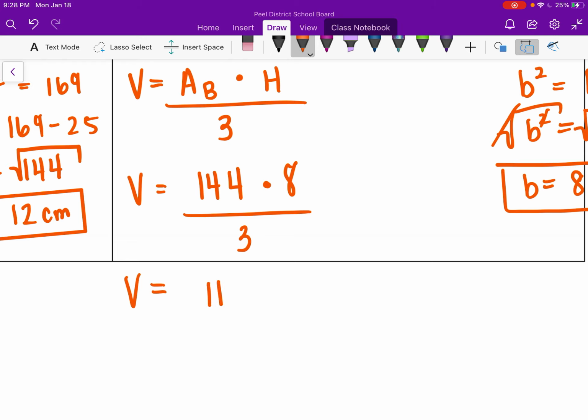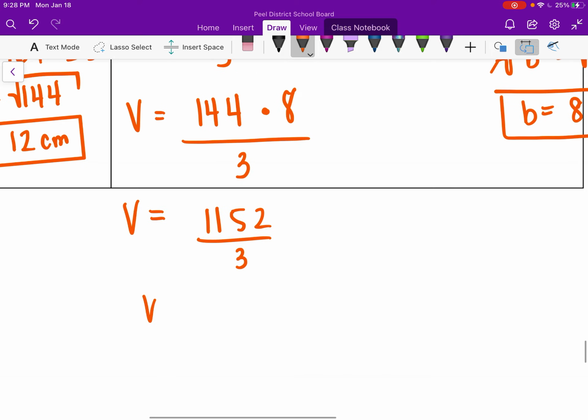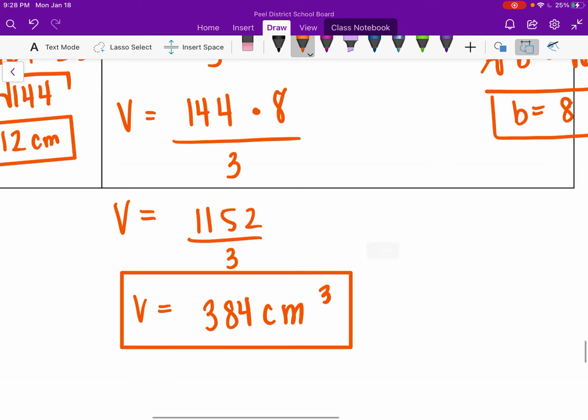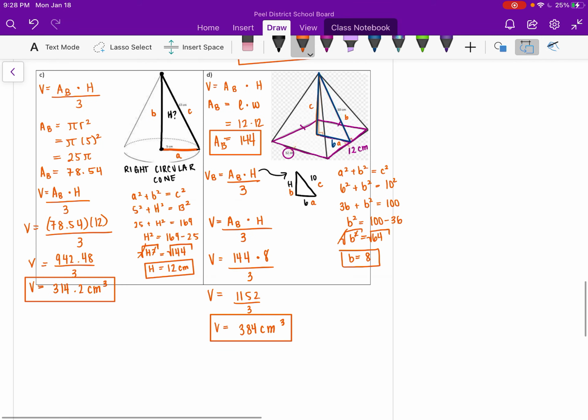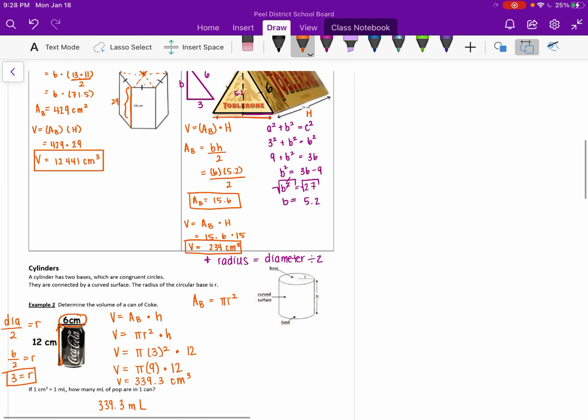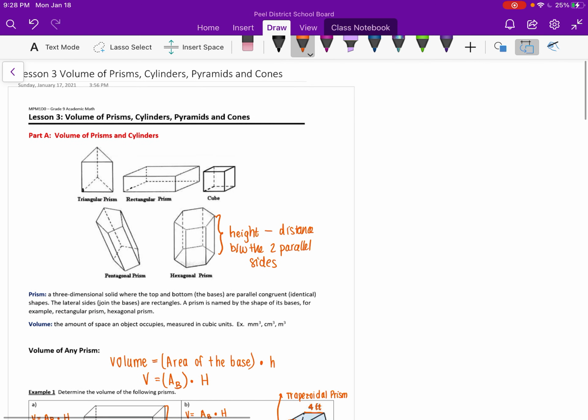It's 1152 divided by 3. Volume is equal to 384 centimeters cubed. Okay, so it's a little bit of work, but you can get there. And again, we're focusing on those problem solving skills, right? And that's what we're really looking for. And that is the end of lesson 3.